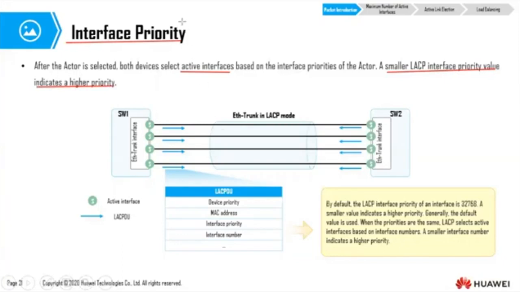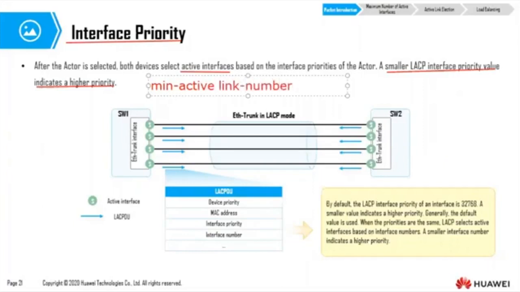As you're going to see in the lab, when you're configuring LSCP, you can use the command, I can't remember very well, but something like minimum active link number.